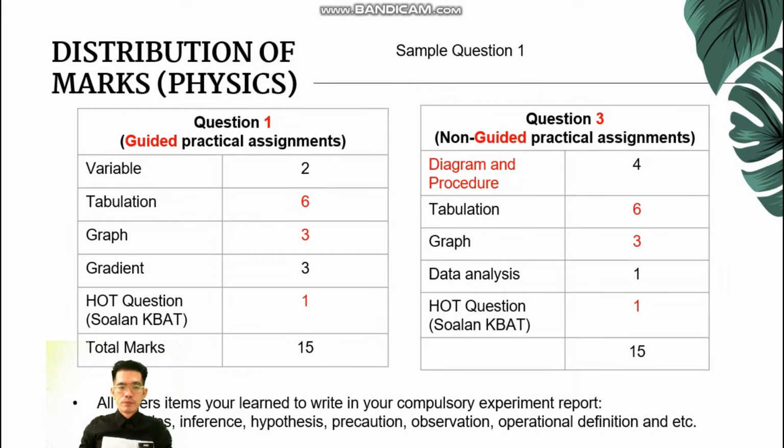For example, there are 3 different variables: constant variable, manipulated variable, and also the responding variable. Inference, hypothesis, precaution, observation, operational definition, and other items you have already learned how to write in your experiment report, so they will be possible to ask in your paper 3.